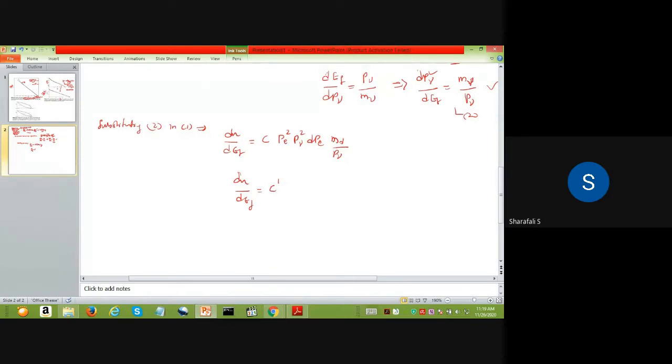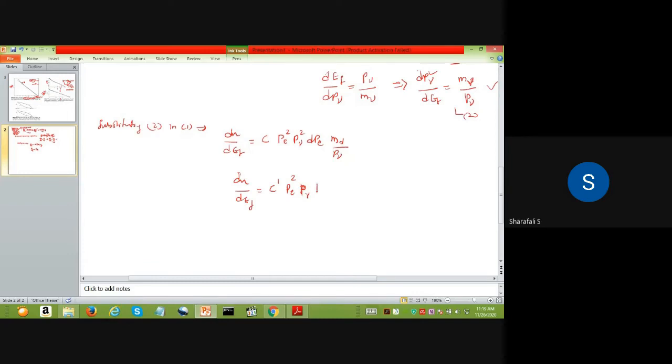I am including m nu also with the c, that is constant. So the rest will become p e square, p nu. Sorry, this nu square will not be there because one p nu will get cancelled. So there will be only p nu, and this is the expression.